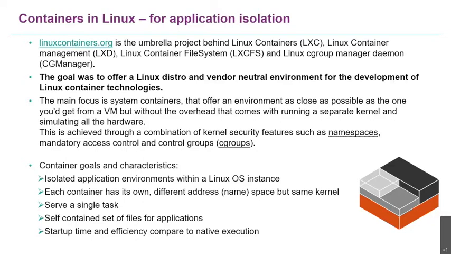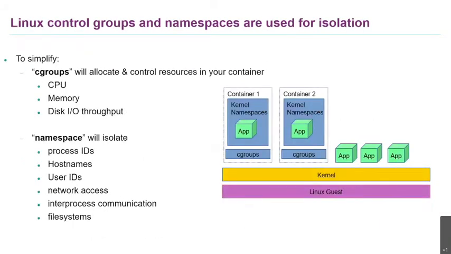So let's go on. I talked about the technology, the container technology. Now, the isolation of these applications or containers is done through control groups, cgroups, and namespaces, which are technologies in Linux.